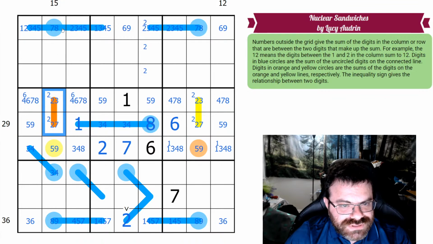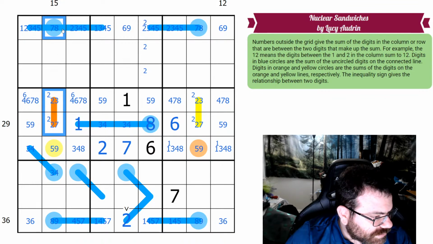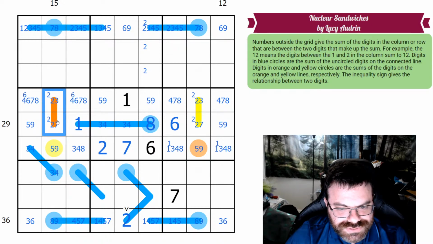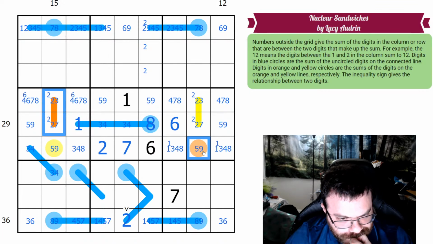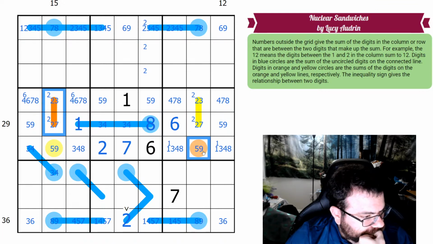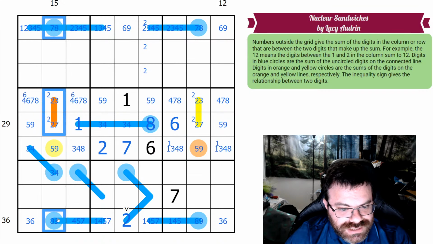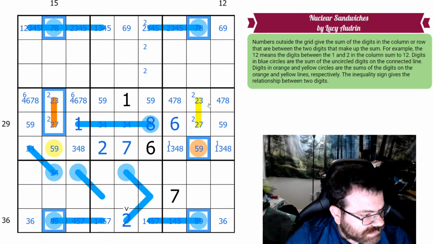Okay, if this is 2, 7, that's 8. I follow that. What goes at the bottom of the row? Well, if the 2, 7's here, the 9 goes here. So 2, 7 would make 8, 9. And then this 9 would make 8, 7.